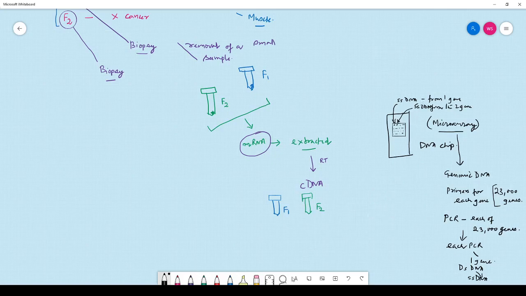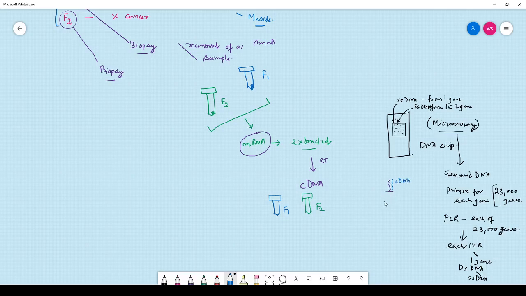The single-stranded DNA which is present on this slide has the property of binding to a complementary DNA. It can bind.